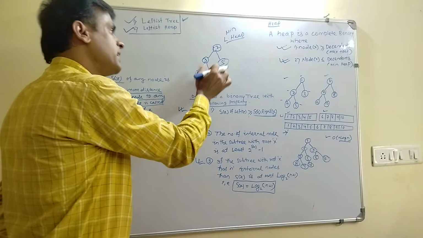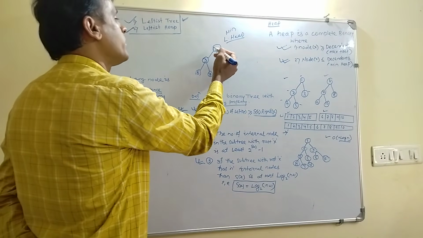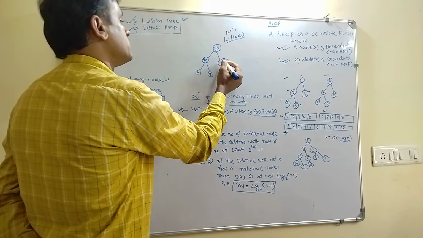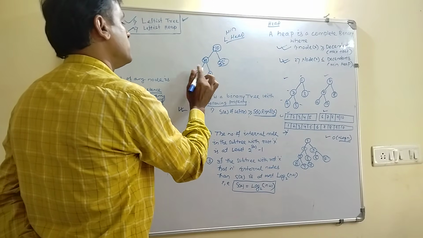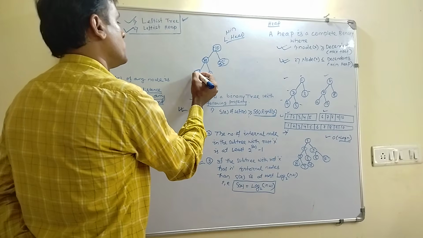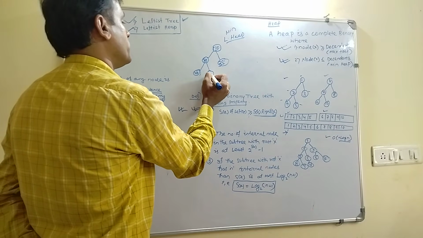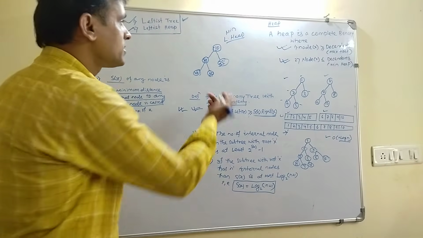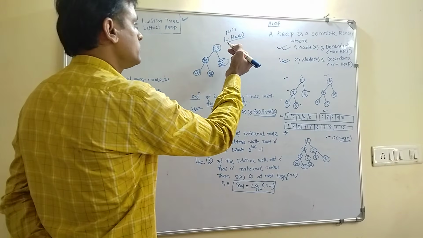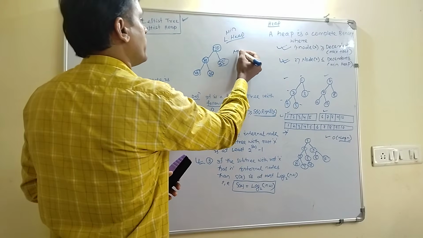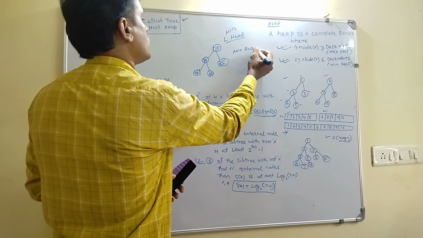And if you want to explain the max heap property, then you can write, suppose this is 10, this is 20, this is suppose 35, and this is suppose 40, and this is suppose 50. Then this is called a min heap.